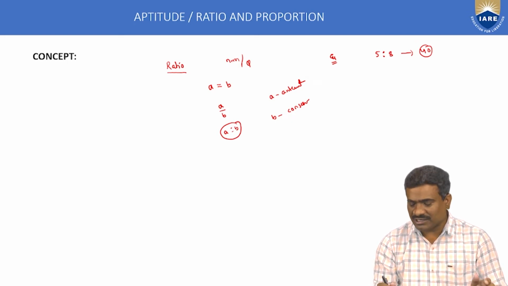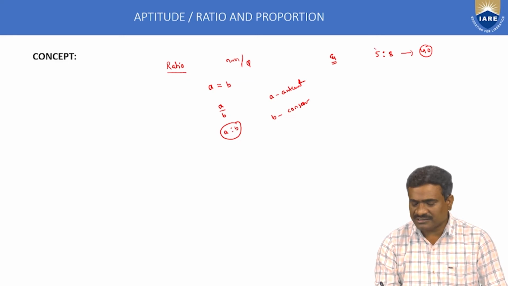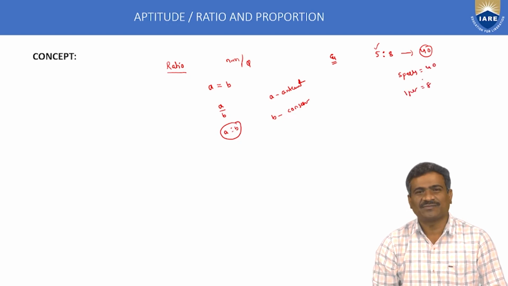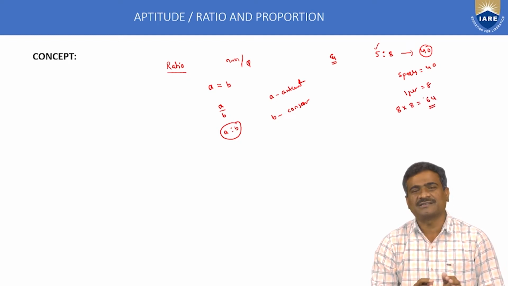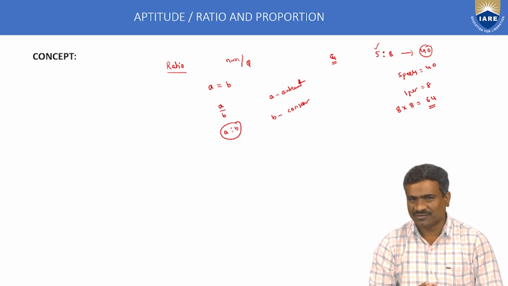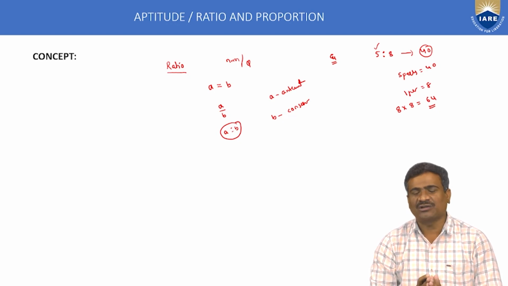We know that the antecedent is 5 parts. 5 parts is equal to 40, so 1 part is equal to 8. Therefore, the consequent means 8 parts. 1 part is equal to 8, so 8 parts is equal to 64. This is about ratio.